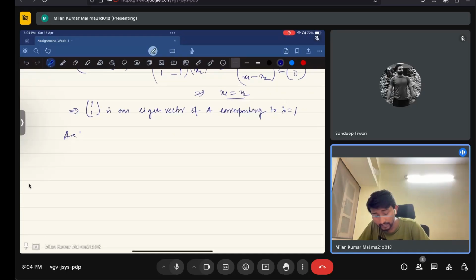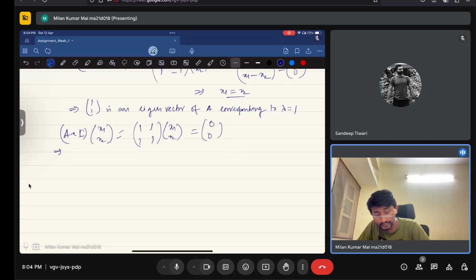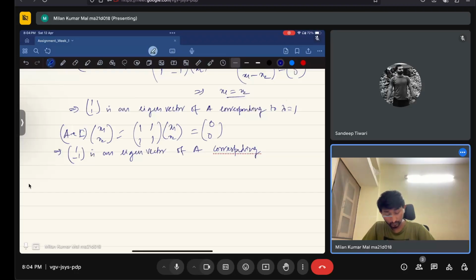The other one is A plus identity, multiplied by x1, x2, that is 1, 1, 1, 1 and x1, x2. If that is equal to 0, 0, we will get that 1, minus 1 is an eigenvector of A corresponding to lambda equals minus 1.